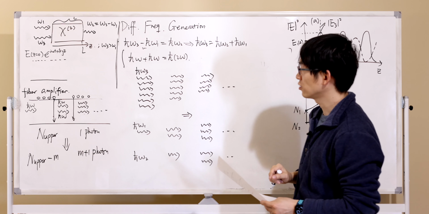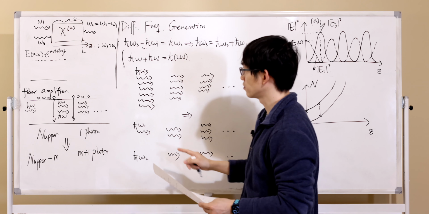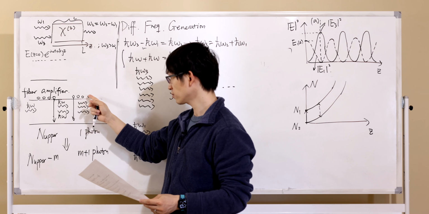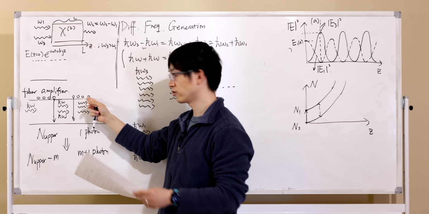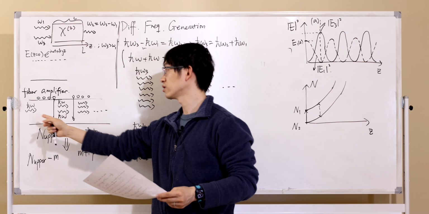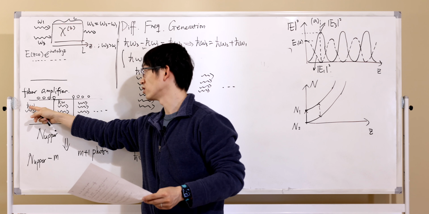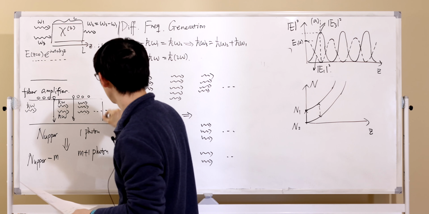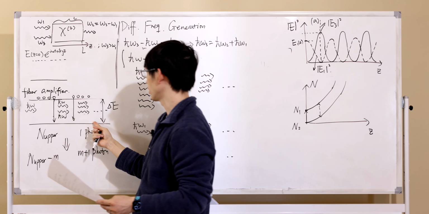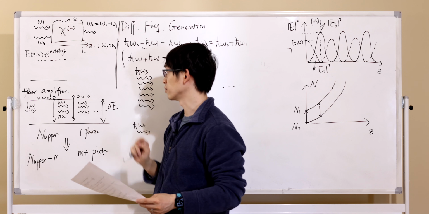The second use of a parametric amplifier is that the conventional amplifier actually involves an electron transition. So the frequency it can amplify, ħω, has to be very close to the energy difference between these two states in your material.